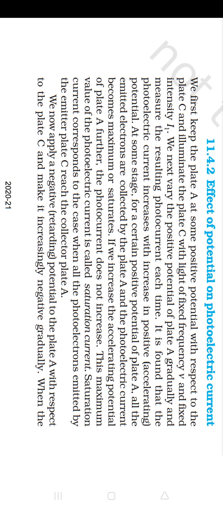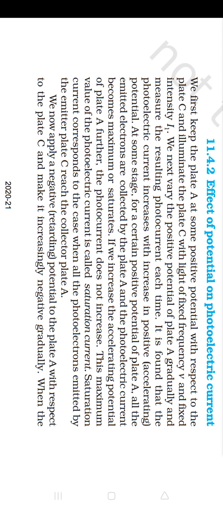At some stage, for a certain positive potential of plate A, all the emitted electrons are collected by plate A and the photoelectric current becomes maximum or saturates. If we increase the accelerating potential of plate A further, the photocurrent does not increase. This maximum value of photoelectric current is called saturation current.